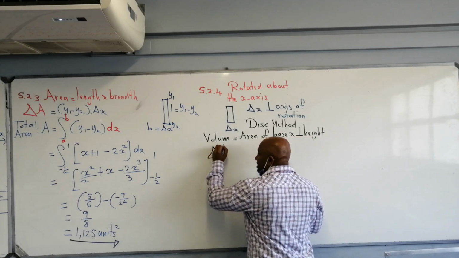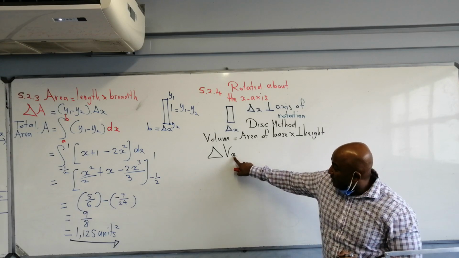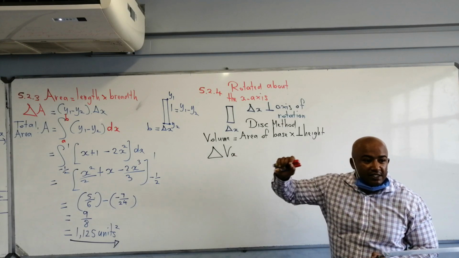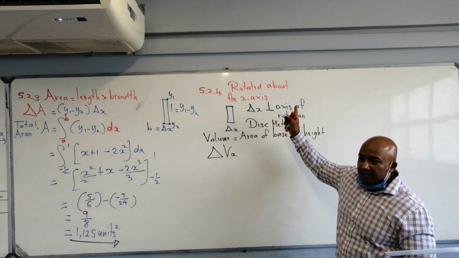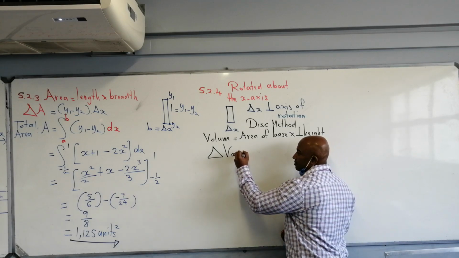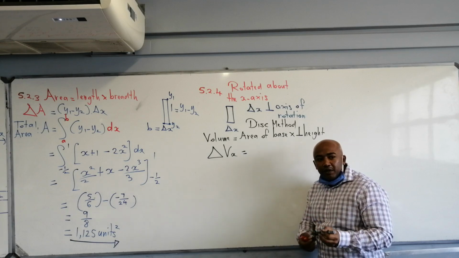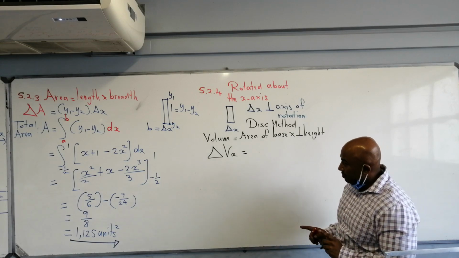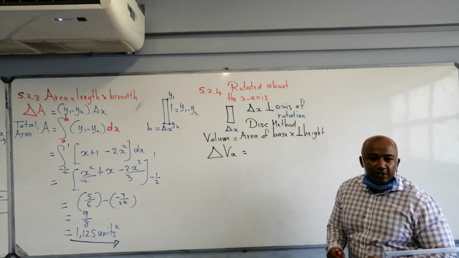You're going to write down delta V about x. This means axis. If I write down the small x here, it means that is the axis of rotation. How do I know that? The question stated x-axis. I told you that there's a simple way to remember this. Let me just do this properly.